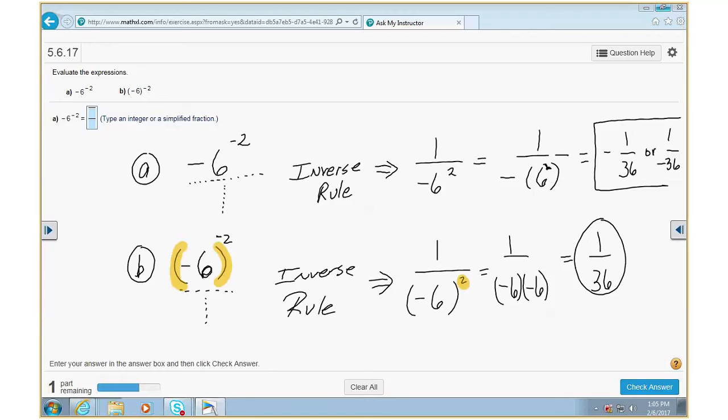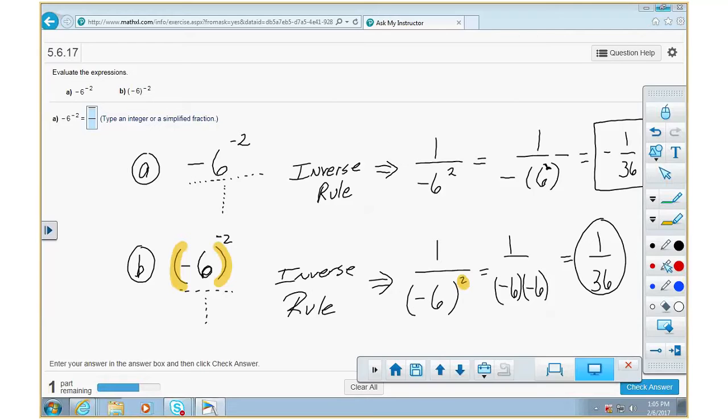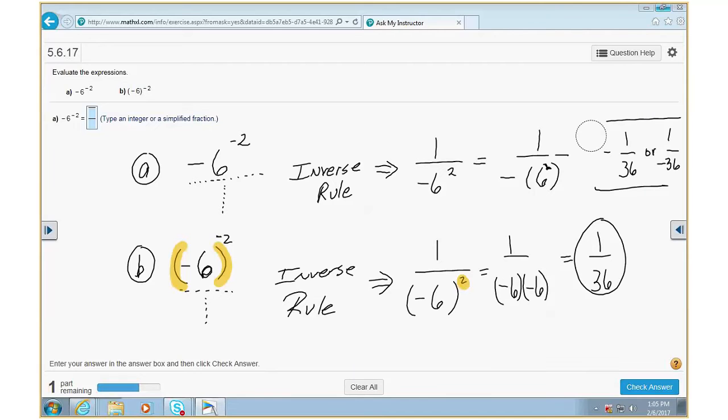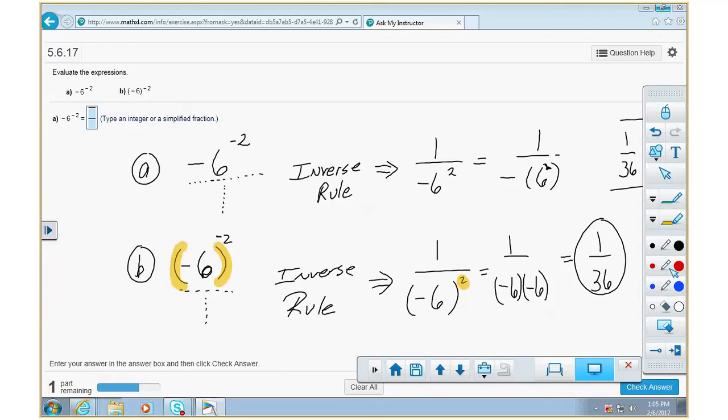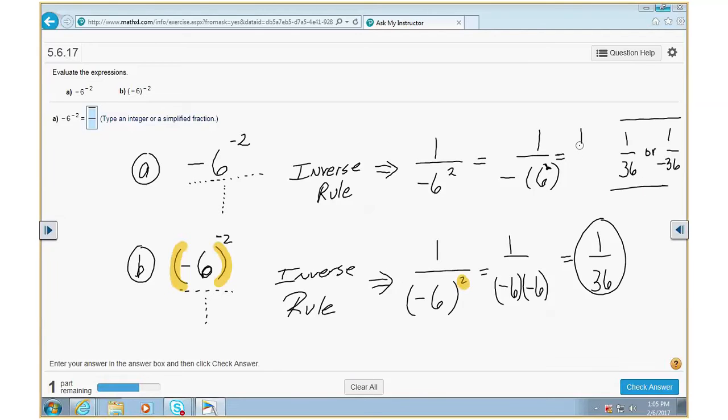Now see, the difference between these two is right here. You don't have this right here. You've got this. Put a little space in here. Here you've got 1 over negative parentheses 6 times what? 6.